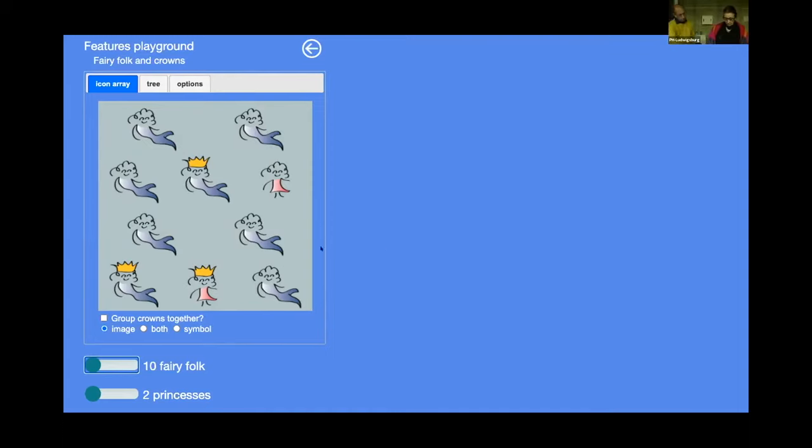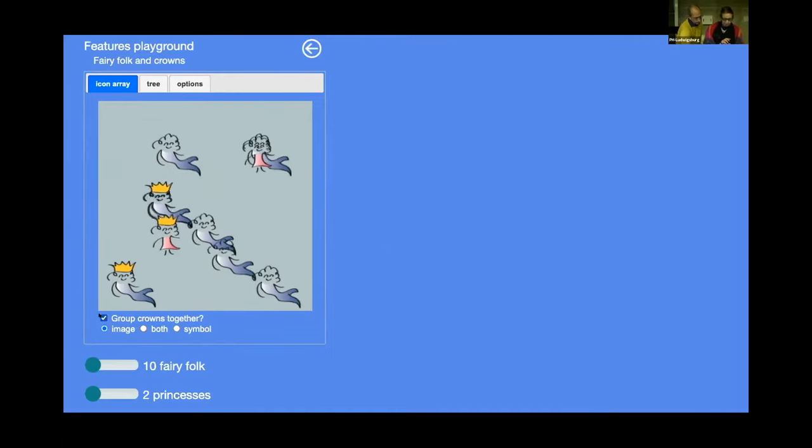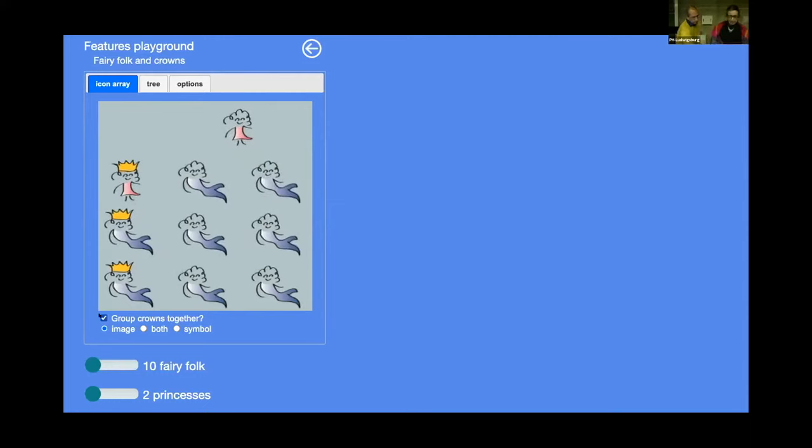For instance, you can group crowns together. This is a very first statistical activity. Now, if I tell you you're a child and I tell you that I saw one of these creatures on the street, the child immediately says, mermaids don't go on the street. Fine, okay, so I met one of those and she was wearing a crown.